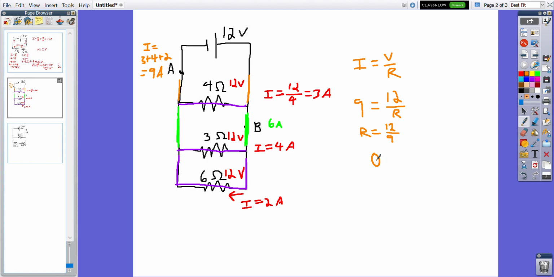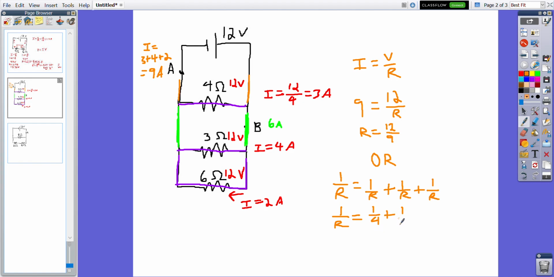Or the other way is to use our parallel resistance formula, right? 1 over R equals 1 over R, and each of these things I'm adding up right here is the resistance of each branch. So since I have 3 branches, I'm going to have 3 of these guys right here. So this is going to be 1 over R is equal to 1 over 4 plus 1 over 3 plus 1 over 6.